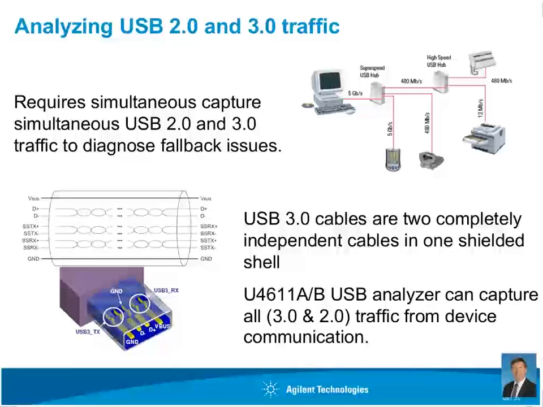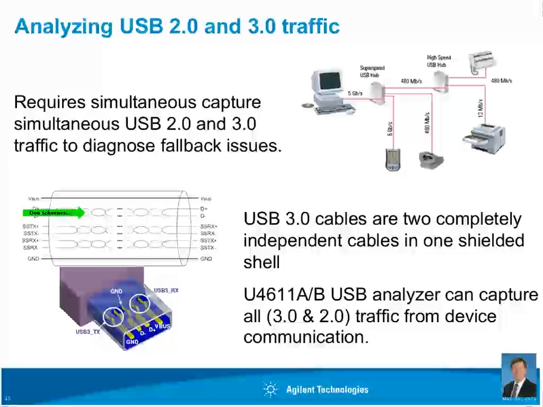And for any device that plugs in at 5 gigabits per second, the SuperSpeed, if they're not able to successfully lock up at the 5 gigabit speed, they drop down automatically to the 2.0 speeds. If you're using hubs, you may have a combination of both 2.0 and 3.0 communication over that same cable that you need to communicate and compare in real time and capture that information.